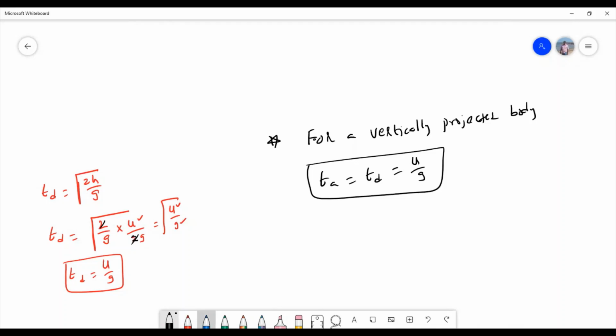But we need to understand an important condition. Time of ascent is equal to time of descent only when we don't consider a resistance.